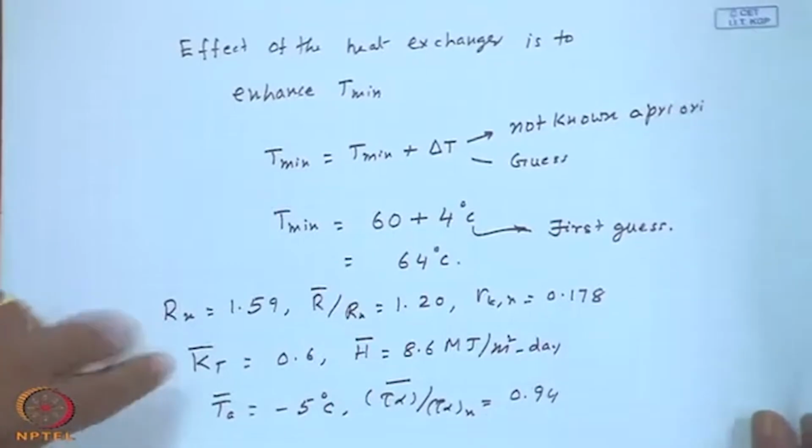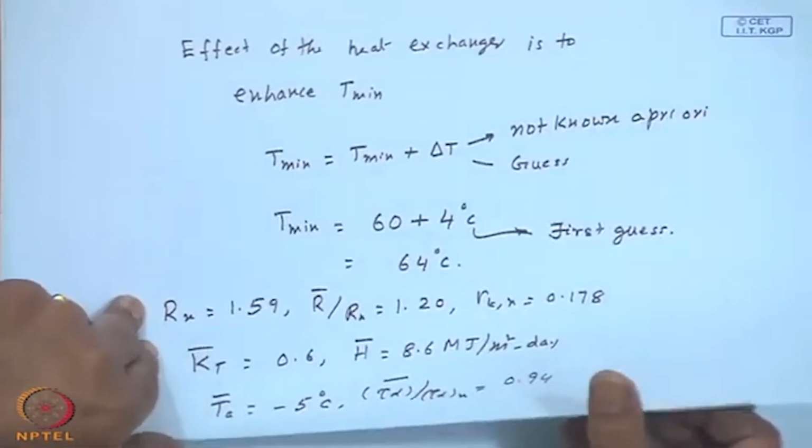The first step will be to calculate the non-dimensional critical level corresponding to T minimum, which is 60 plus 4, 64.